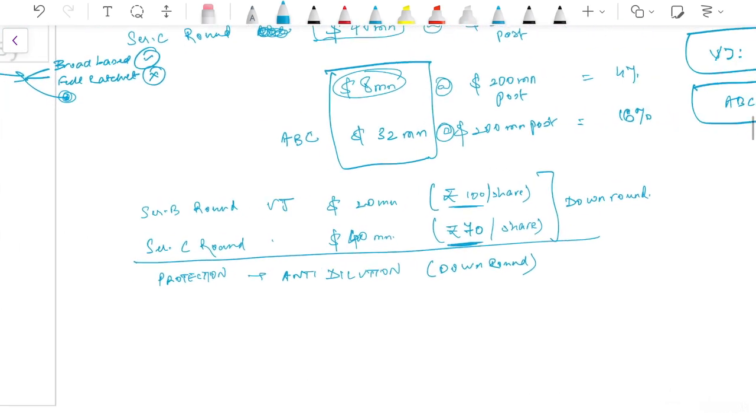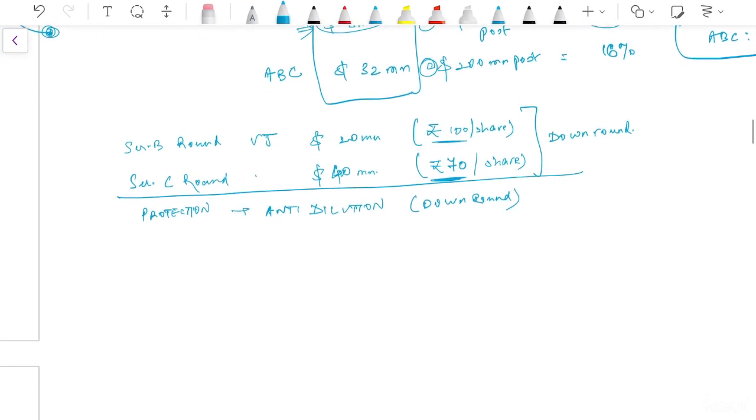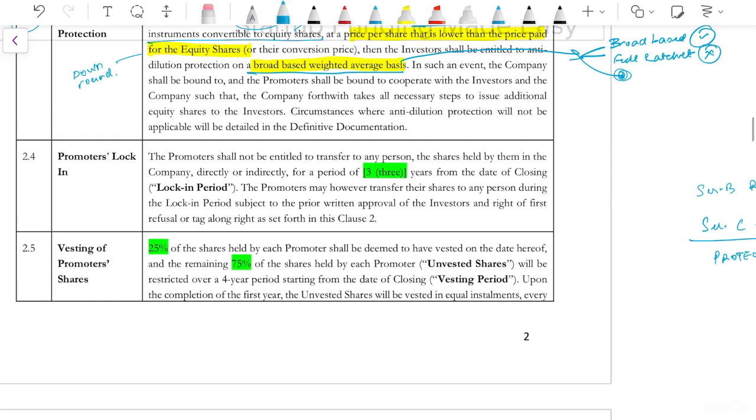Now further understand the point. In the earlier example, I said that to protect my stake, I am putting in an $8 million check to get a 4% stake in the company, right? This was preemptive. But in case of anti-dilution, I will not be putting in more money. Understand the point?